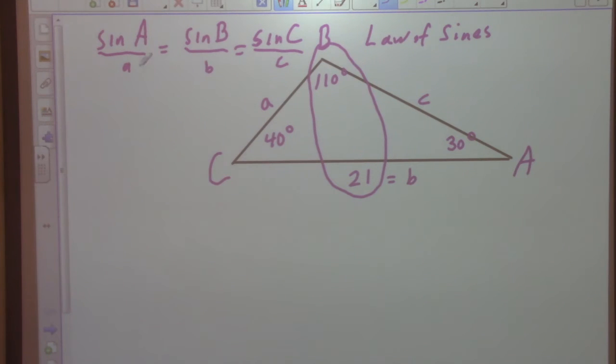That's a convention: the angles are capital letters and the sides are lowercase. But it doesn't really matter how you label them, because they're really interchangeable, and that can help you figure things out more easily.